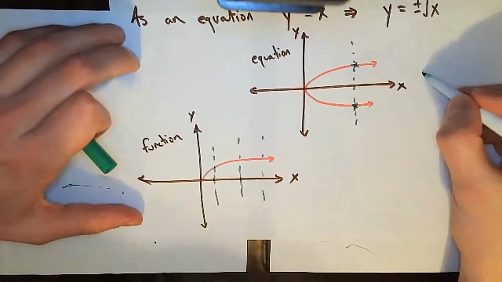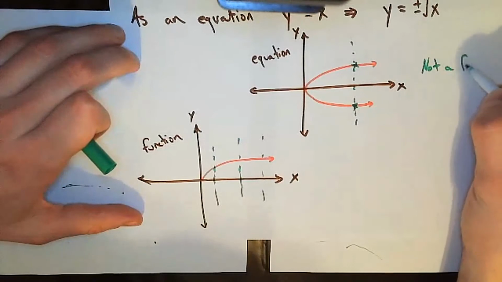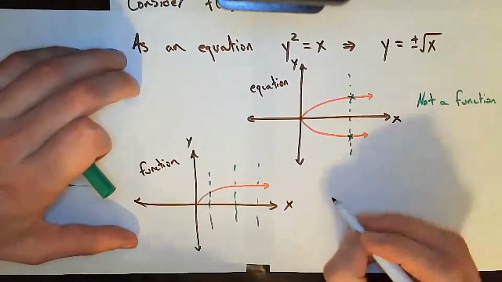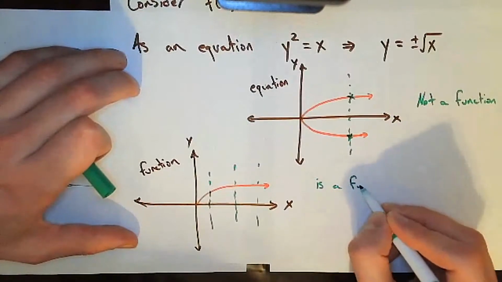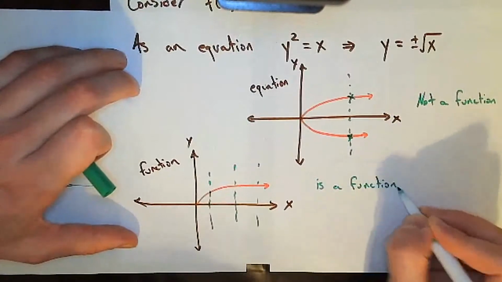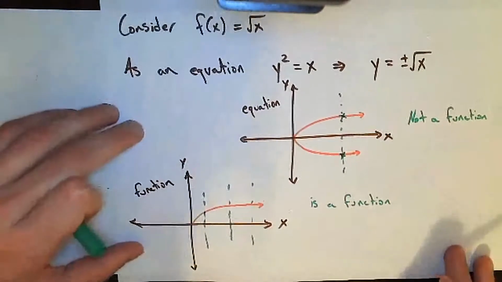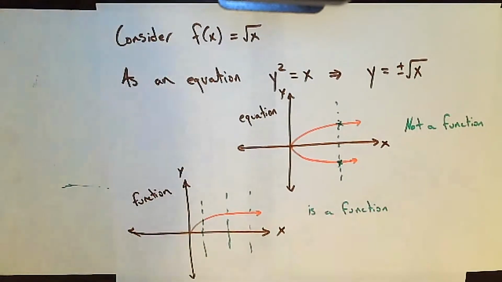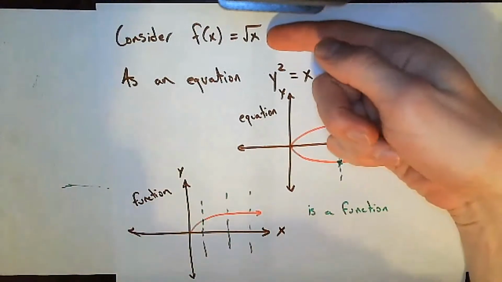So this is not a function because it fails the vertical line test, and this is a function. So we restrict it so that we can talk about it as a function. And why do we agree to only take the positive side?